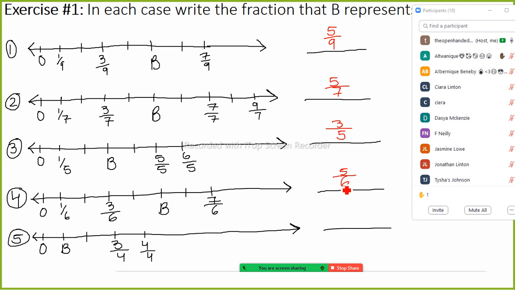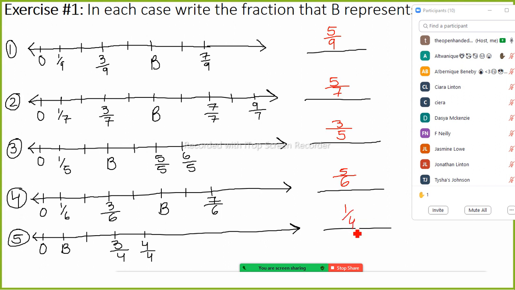And Jasmine, can you do number 5? 1 over 4. Okay, 1 over 4. Very good.